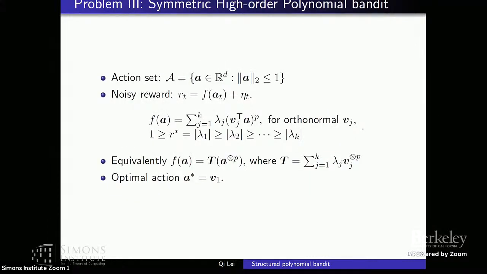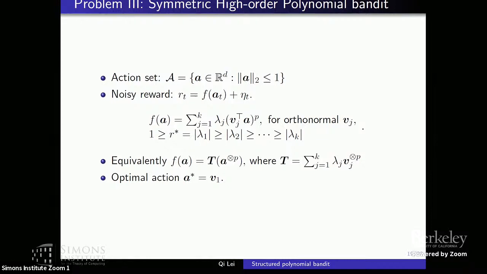So now we can look at the symmetric high order polynomial bandit, where again the action set is where A lies inside a unit ball. And we observe a noisy reward of this form, where the reward function f is the summation of lambda j times v_j transpose A to the p-th power.